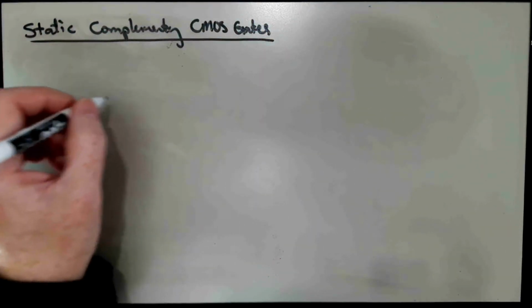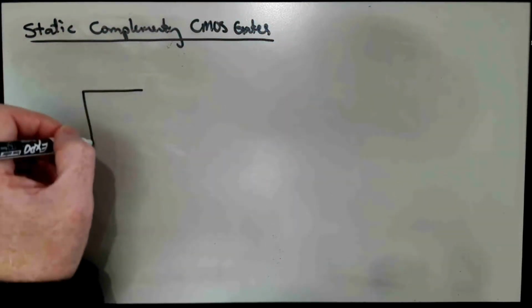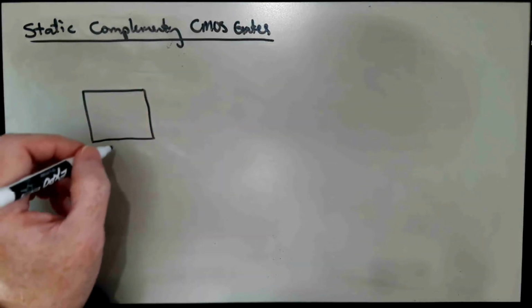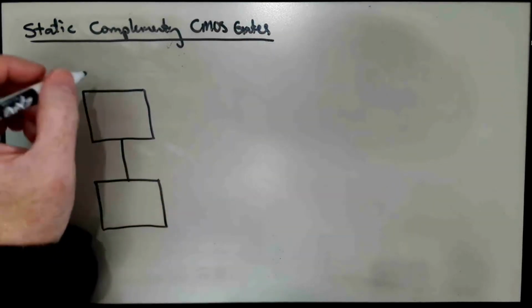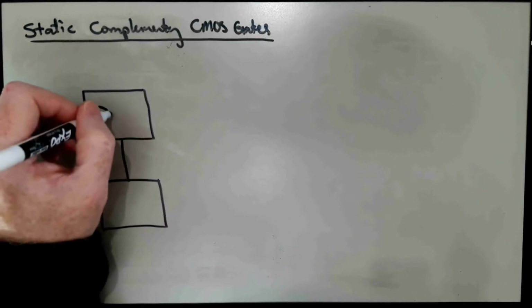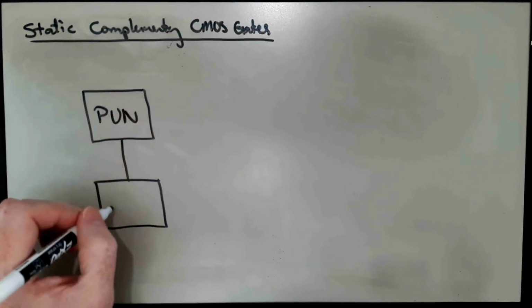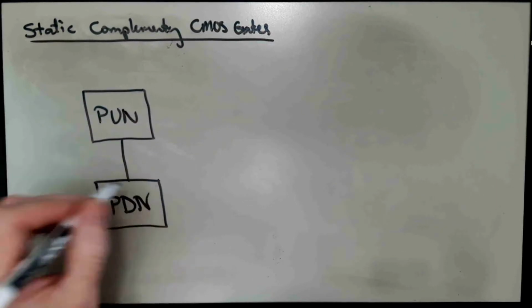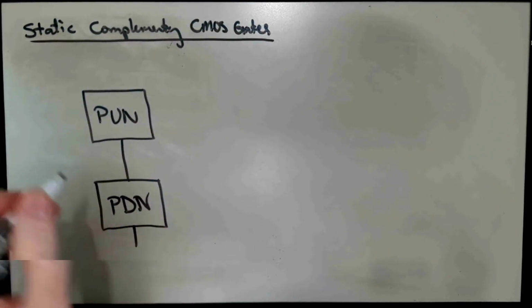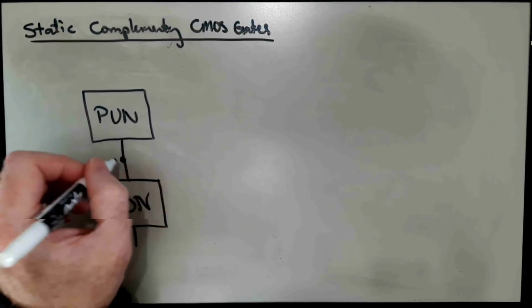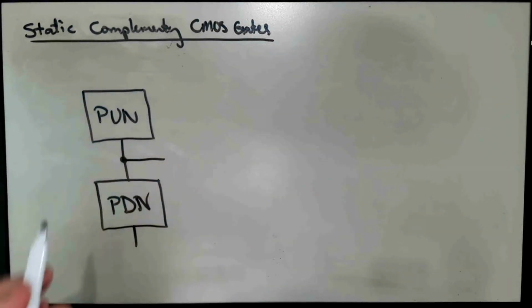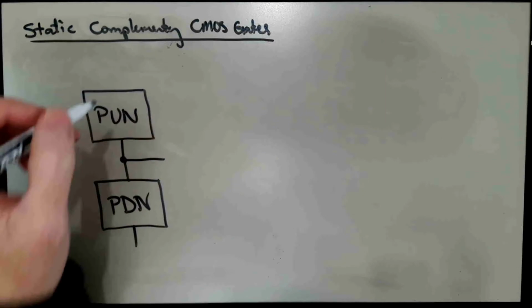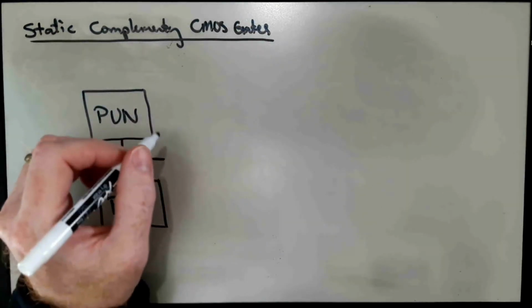So the basic idea is that we have here two networks. This one is called the PUN and the PDN. And the output of the gate here is in the middle, the node between the pull-up network PUN and the pull-down network PDN.